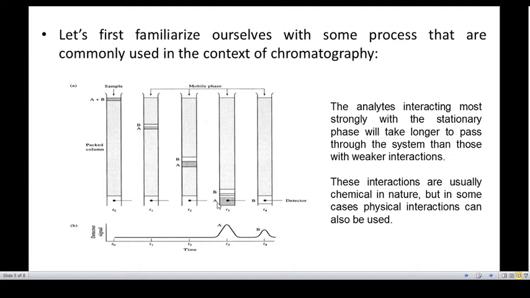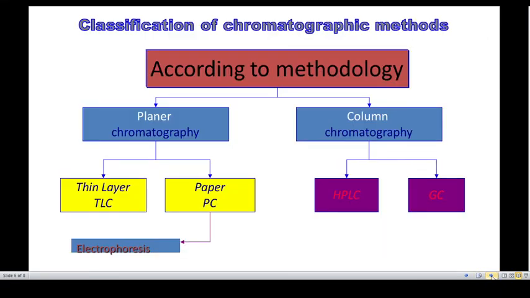Therefore, A will be eluted or removed from the column first compared to B, so you will get the signals of A and B separately. These interactions are usually chemical in nature, but in some cases physical interactions can also be used.